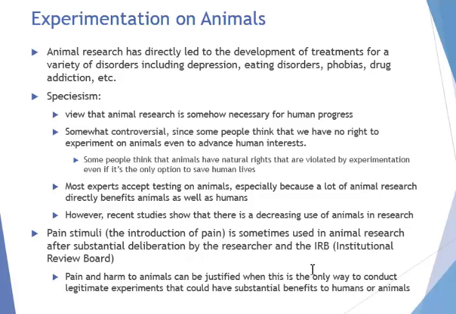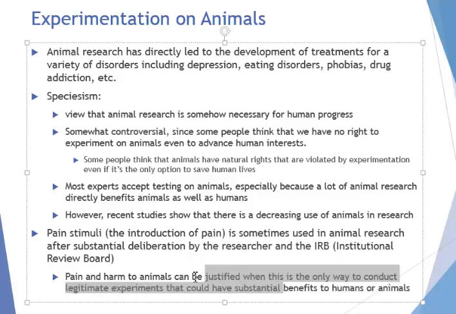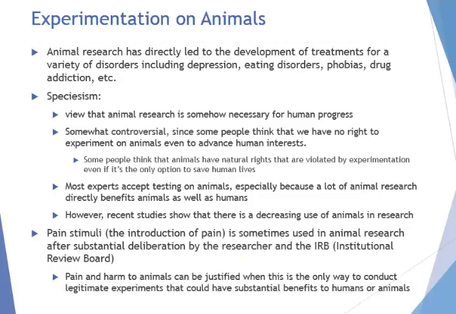And after careful deliberation, sometimes they can come to the conclusion that introducing pain in animals is okay, because it can be justified when it's the only way to conduct legitimate experiments that could have substantial benefits to humans or other animals.